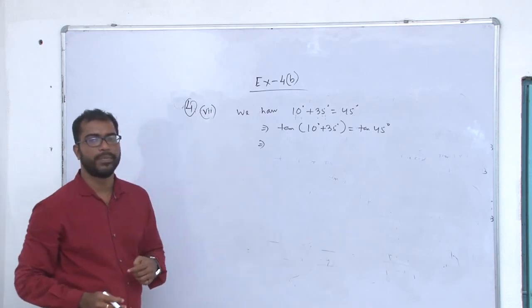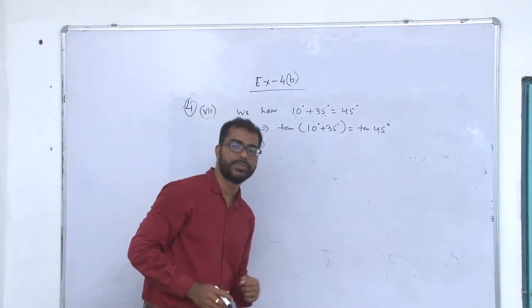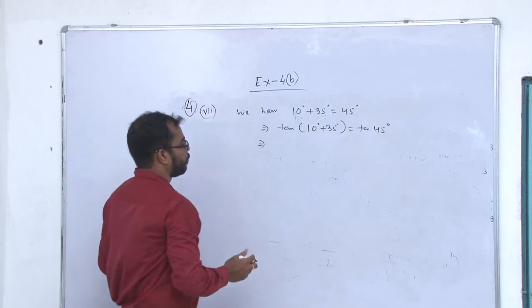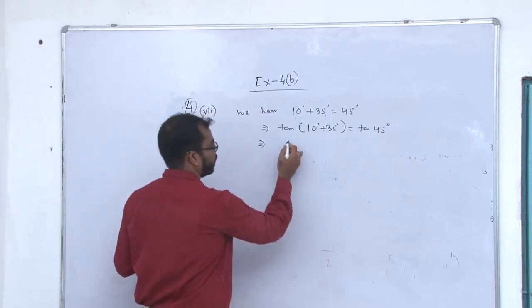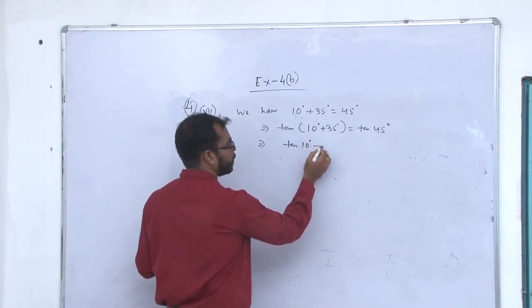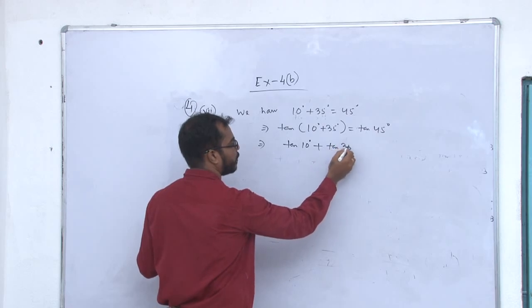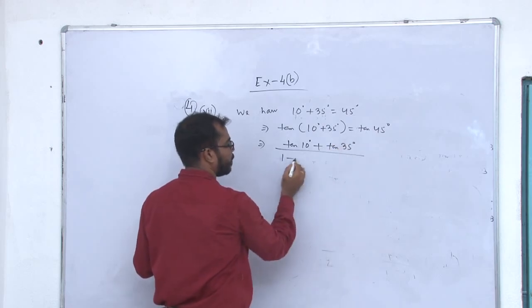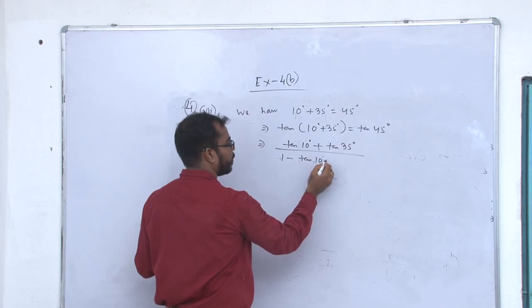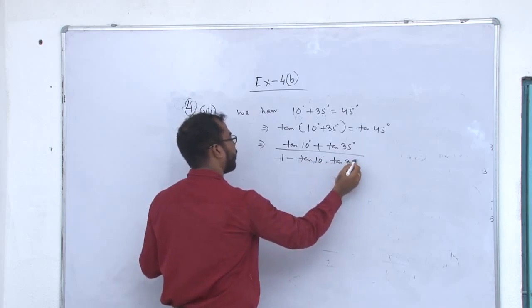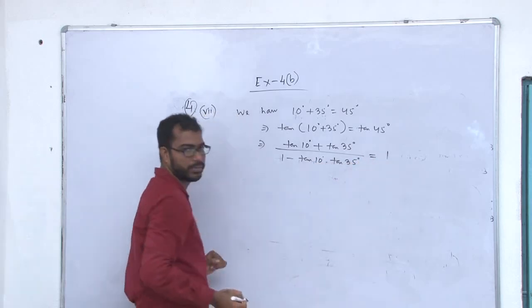Now we can use the formula for tan(A plus B): tan 10 degrees plus tan 35 degrees by 1 minus tan 10 degrees into tan 35 degrees is equal to 1.